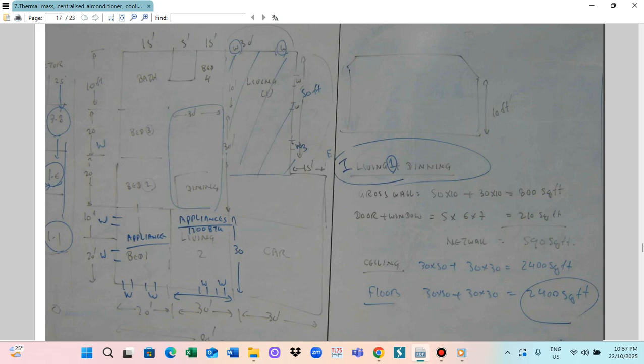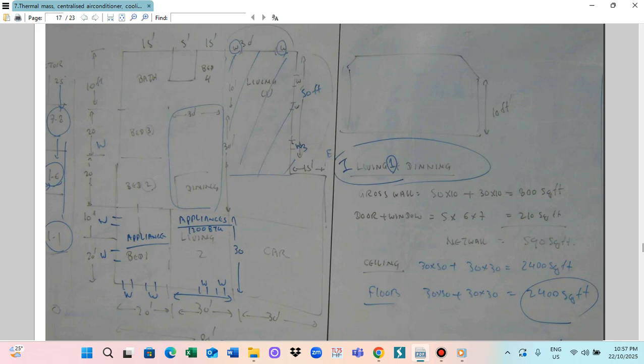And also you need to calculate the ceiling. The ceiling area: this area is 50 multiplied by 30, and another one is 30 multiplied by 30, because we calculate for the dining room and the living room.